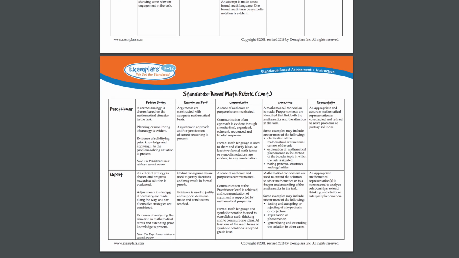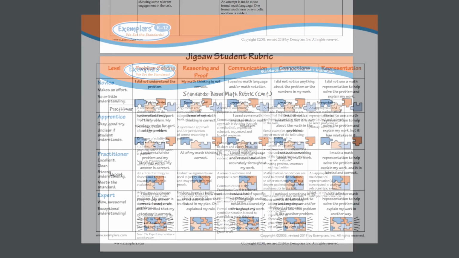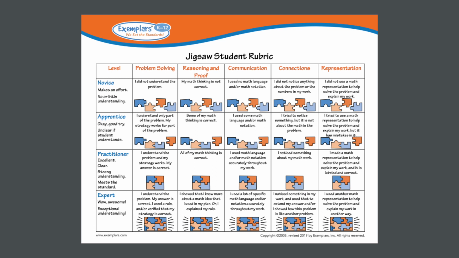Our scoring rubric allows teachers to examine student work against a set of analytic criteria to determine student performance. This assessment tool is designed to identify what is important, define what meets the standard, and distinguish between different levels of performance. Exemplars also provides a rubric for students that features kid-friendly language and images. This may also be used for self and peer assessment.